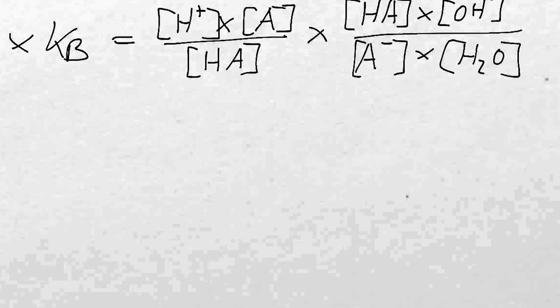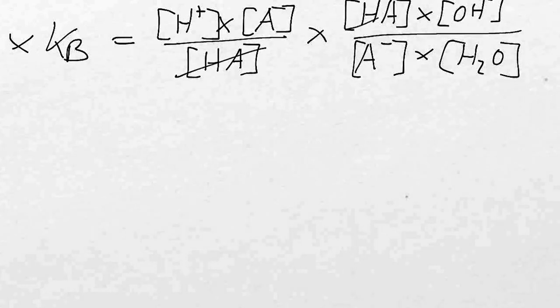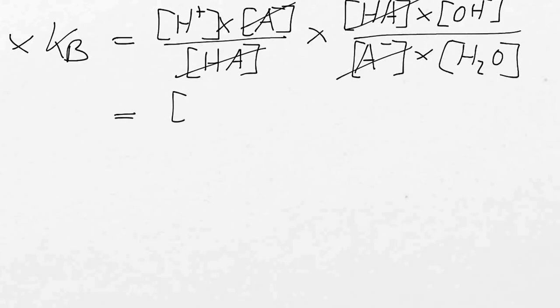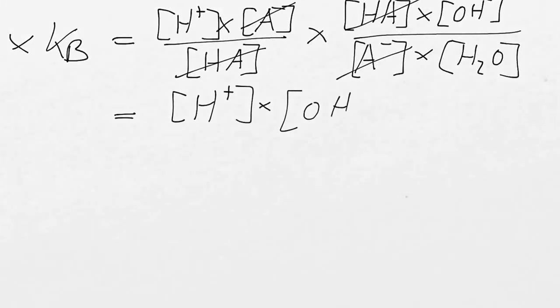Right, Kb times Ka, or Ka times Kb. What have we got left? Well, first of all, we can cancel the HA. What else can we cancel? A minus. What have we got left? H plus times OH minus divided by H2O.